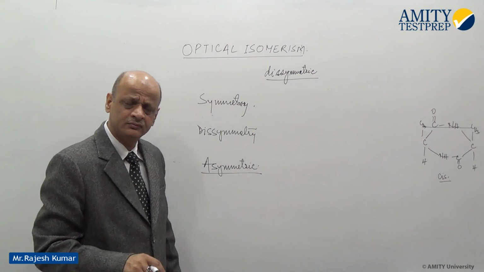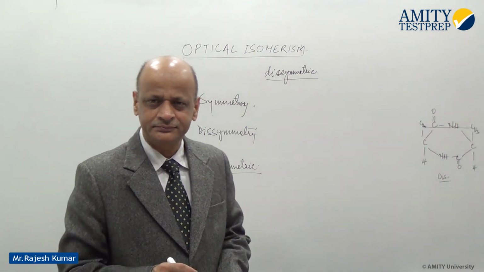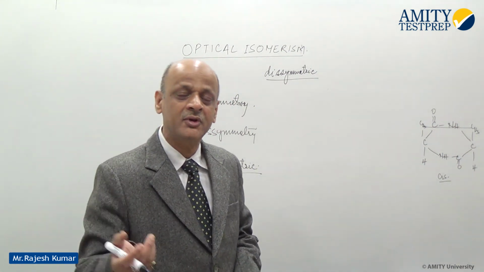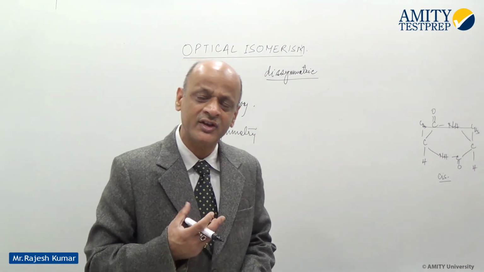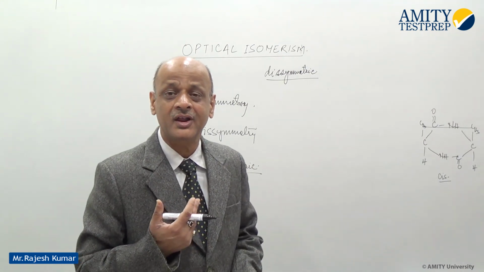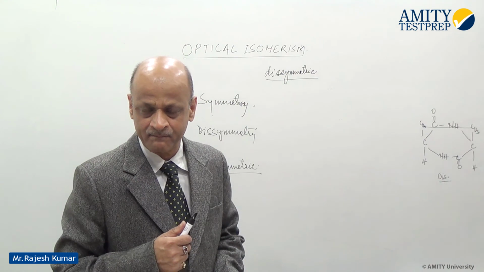Now, what is asymmetry? It is very common that a student says there is or isn't an asymmetric carbon, and on that basis decides whether a molecule is optically active or inactive. But this is not 100% true.